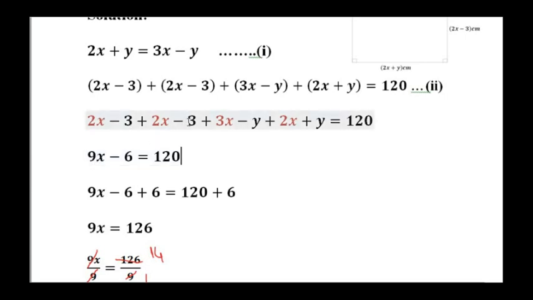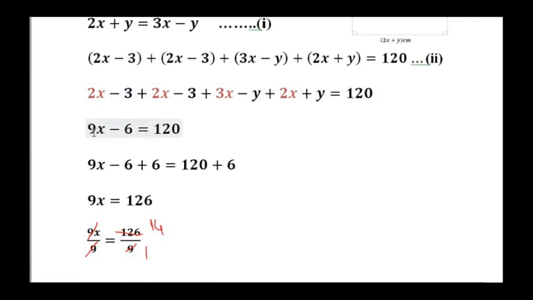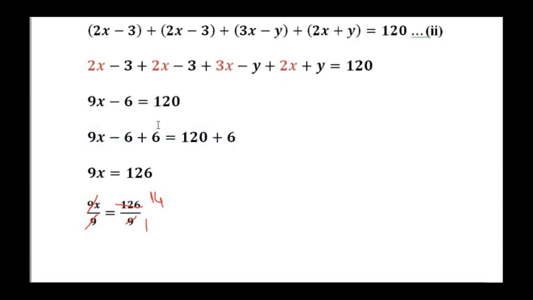Negative 3 and negative 3 is negative 6. Positive y and negative y will cancel each other out. So we get 9x - 6 equals 120. To solve this equation for x, I'll add 6 to both sides of the equation.